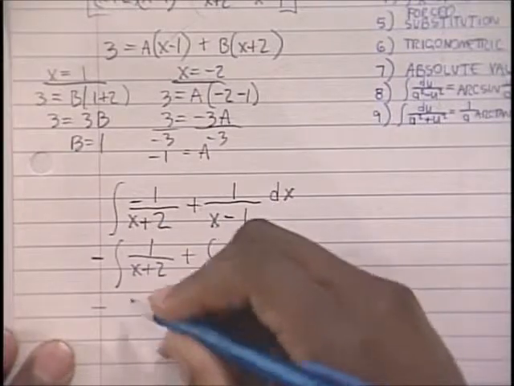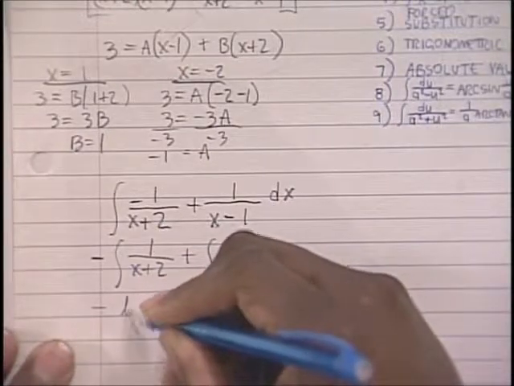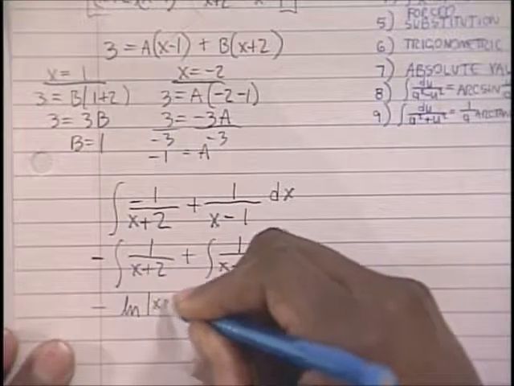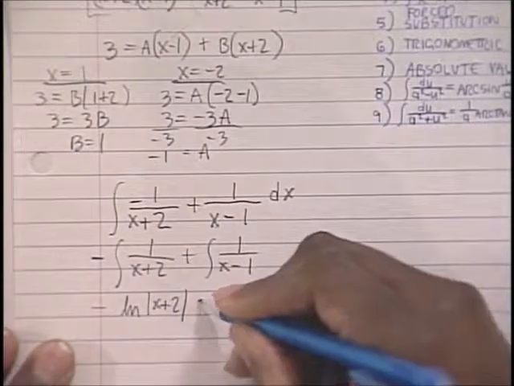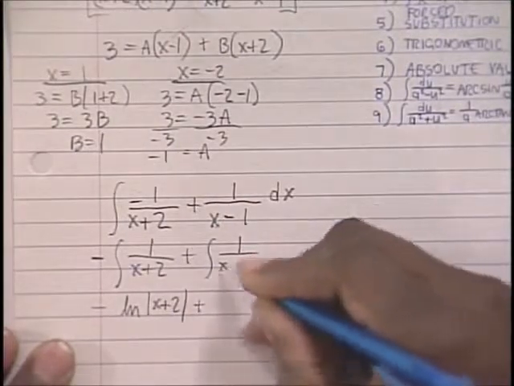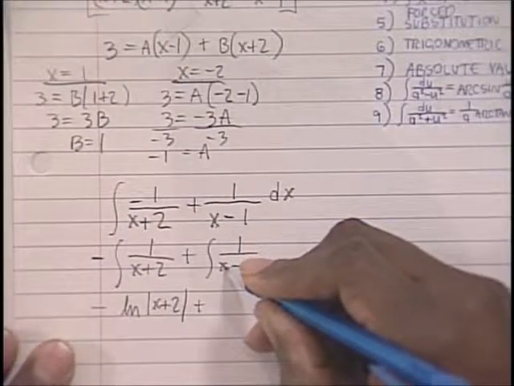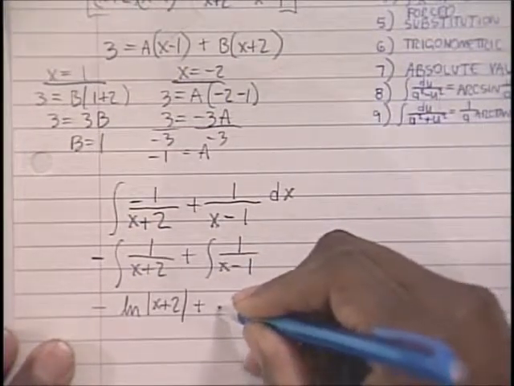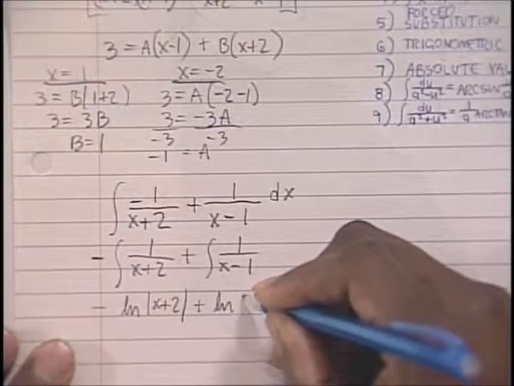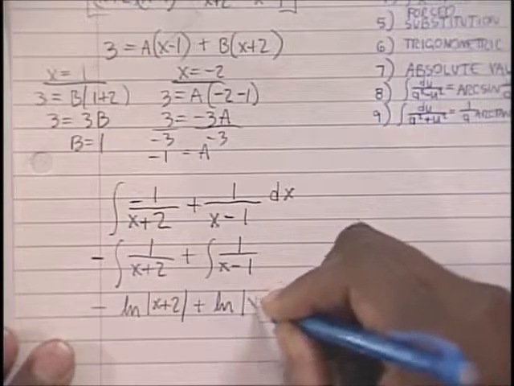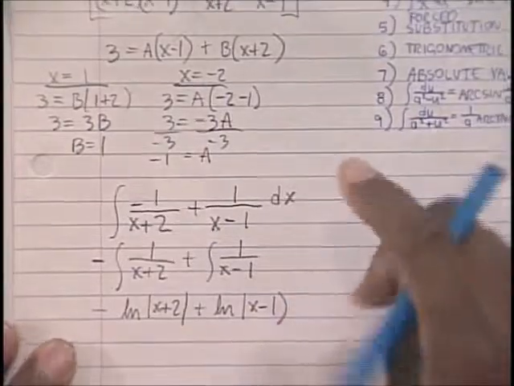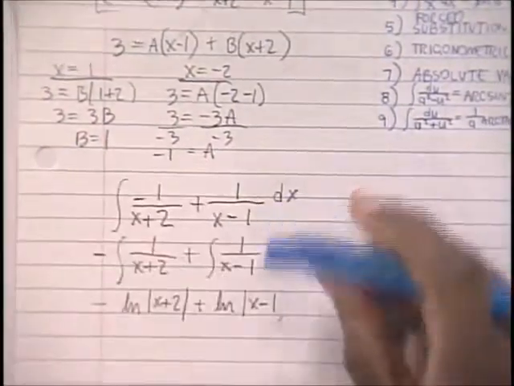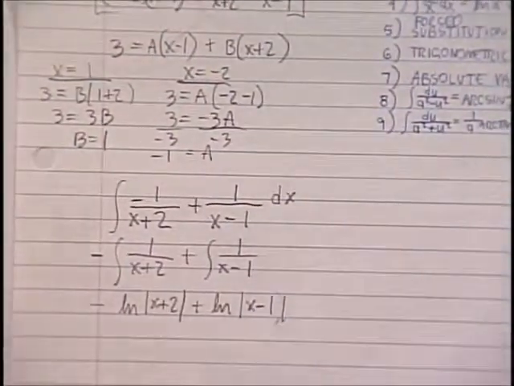You could show a little work, but you're going to end up with the natural log of x plus 2. And then you could show a little work here. You could substitute u to be x minus 1, but you're going to end up with natural log of x minus 1. And then you're basically done.